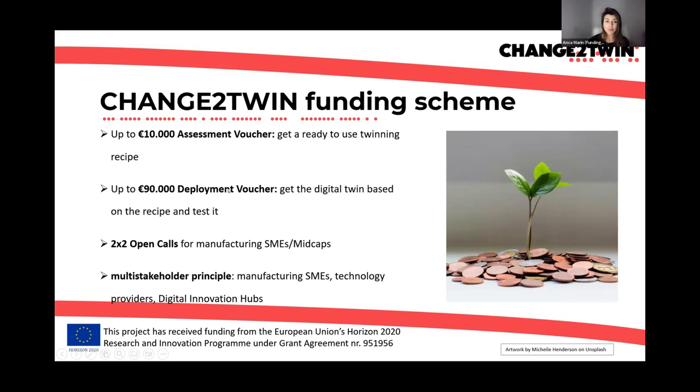With the deployment voucher, the financing is up to 90,000 euros, in order to deploy a digital twin solution in the manufacturing SME or mid-cap premises.